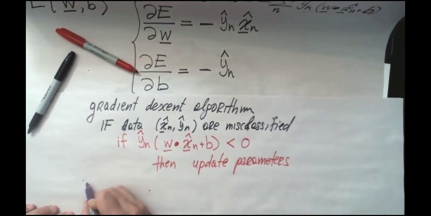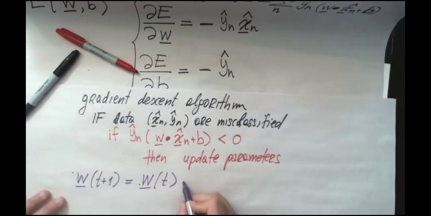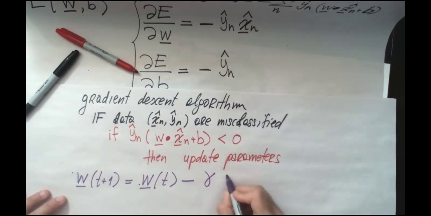We say that W at iteration t plus 1 is equal to the weight vector at the previous time step minus gamma multiplied by the gradient with respect to the parameter.